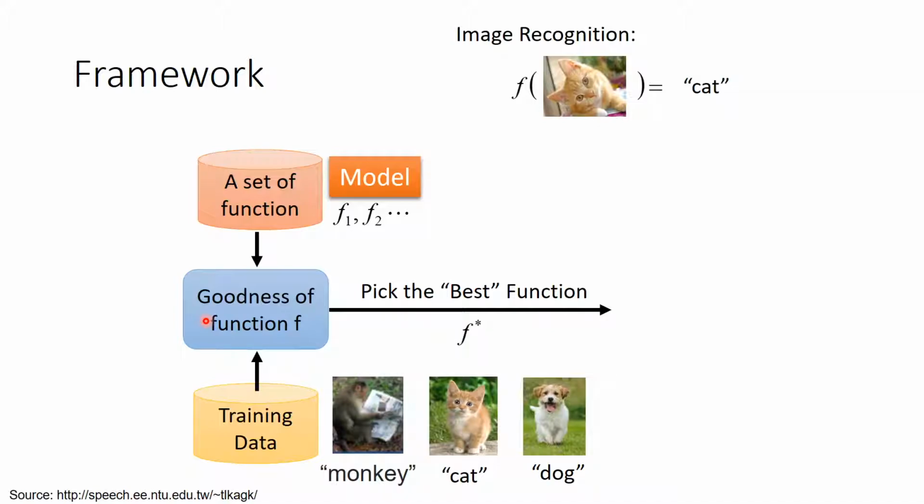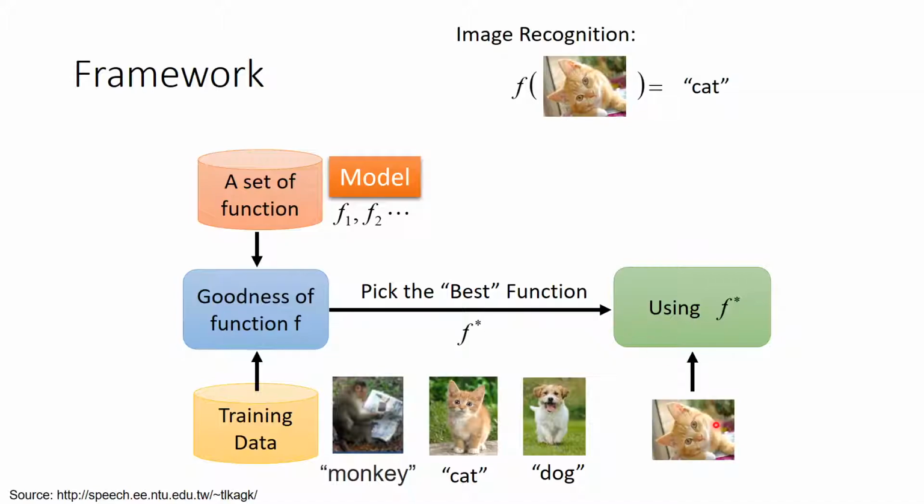That means we randomly choose one, and then use this chosen function on my testing data to see if it responds with the correct answer, and then this will be the best function.